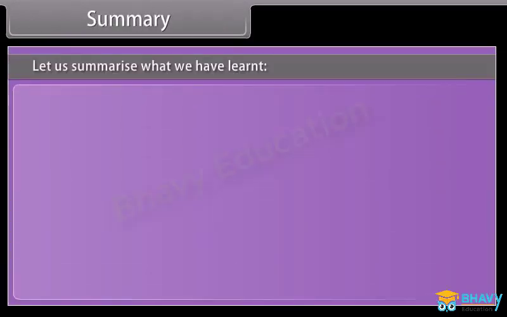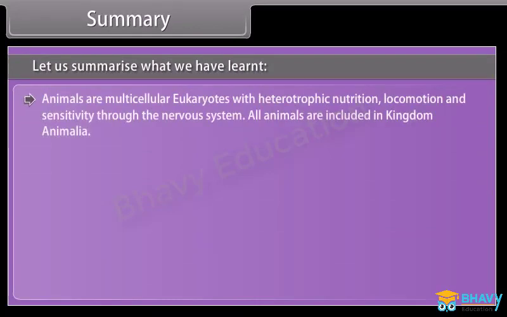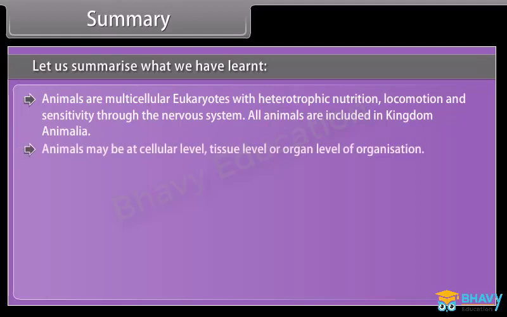Summary. Let us summarize what we have learned. Animals are multicellular eukaryotes with heterotrophic nutrition, locomotion, and sensitivity through the nervous system. All animals are included in kingdom Animalia. Animals may be at cellular level, tissue level, or organ level of organization.